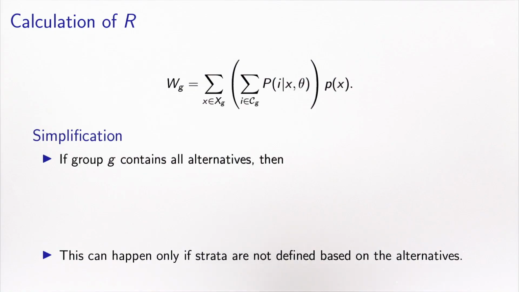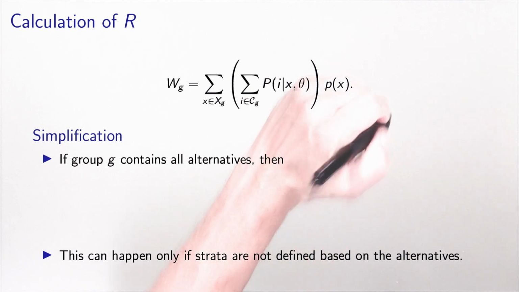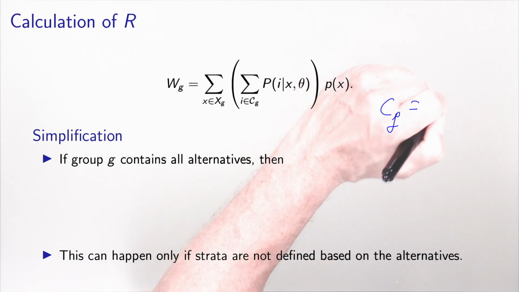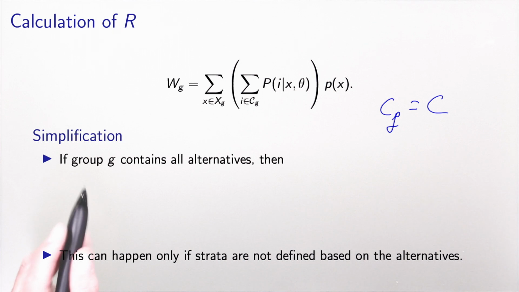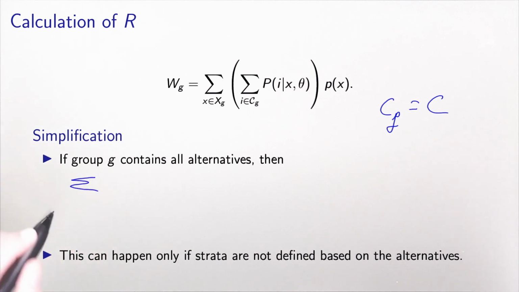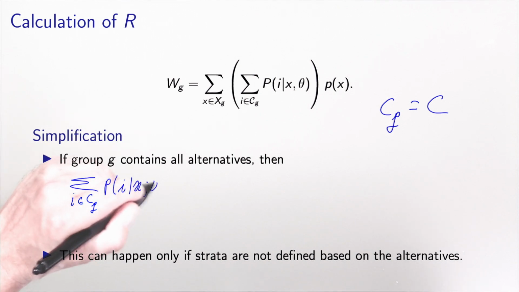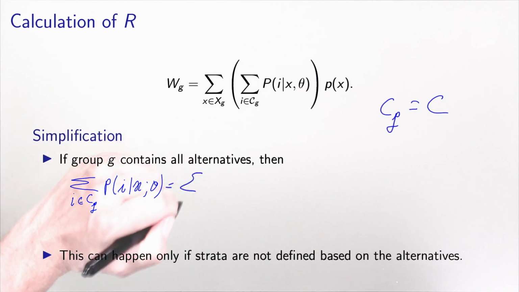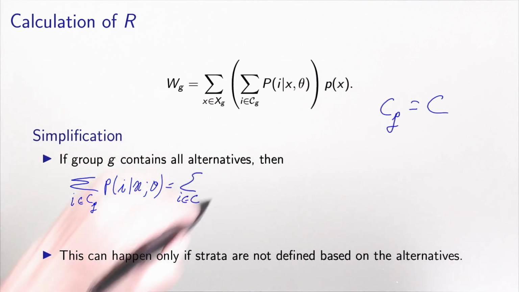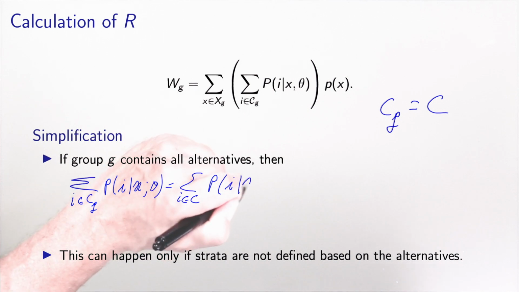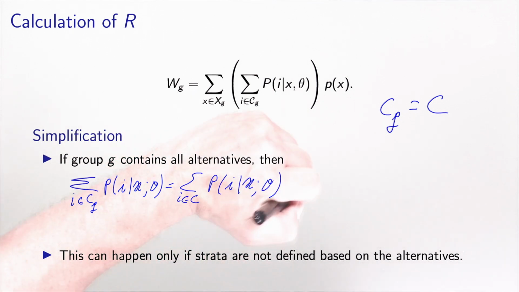There is a simplification though. If we assume that the group G contains all alternatives, it means that CG equals the full choice set. But in this case, the sum over i in CG of P of i given x, theta is equal to the sum over i over all alternatives of P of i given x, theta, and this is by definition equal to 1.